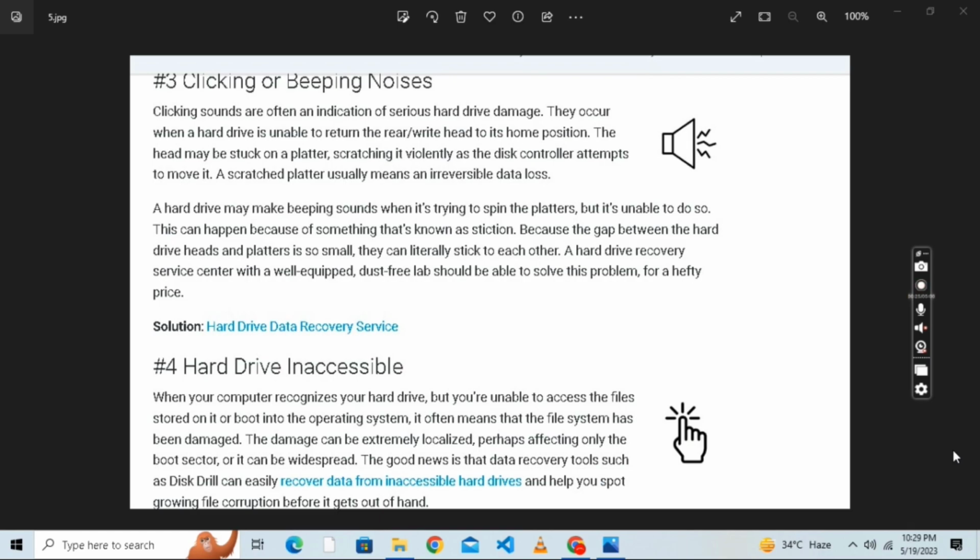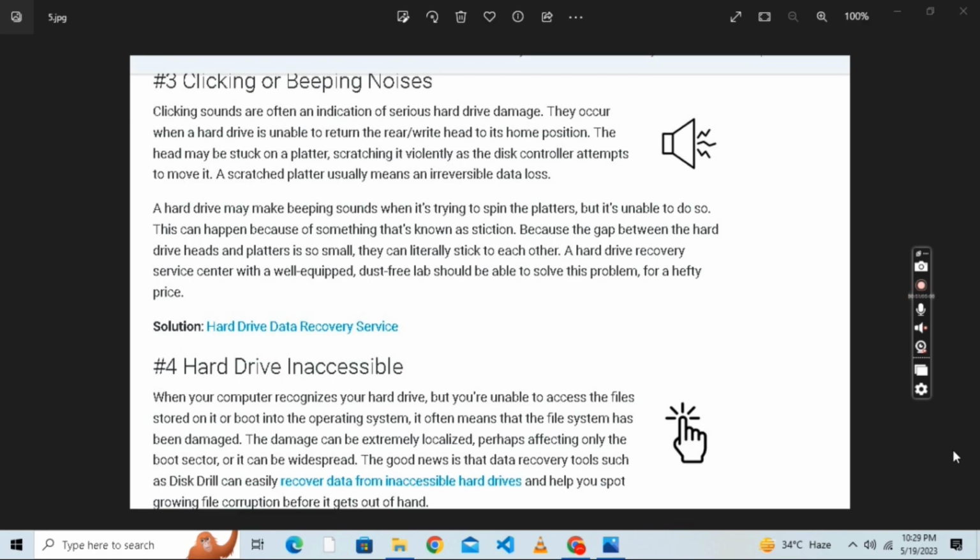The head may be stuck on a platter, scratching it as the disk controller attempts to move it. A scratched platter usually means irreversible data loss.